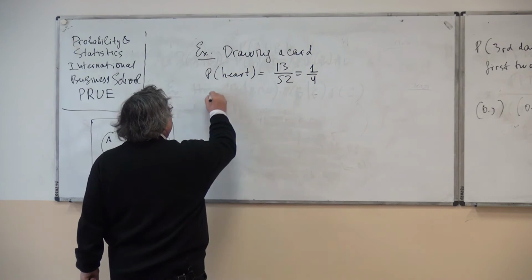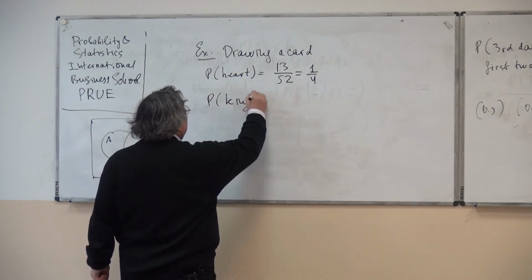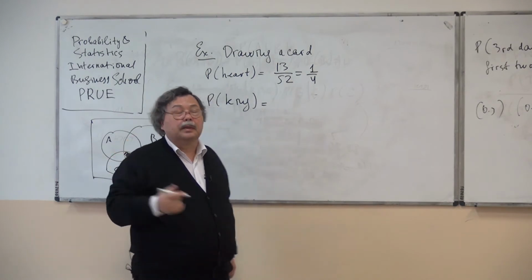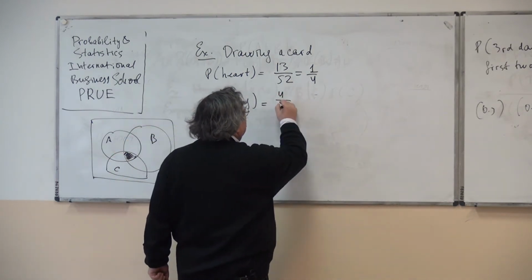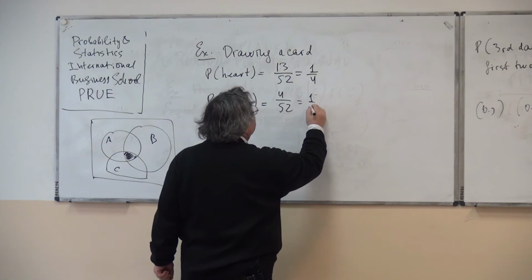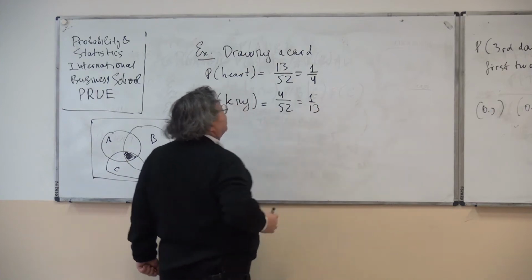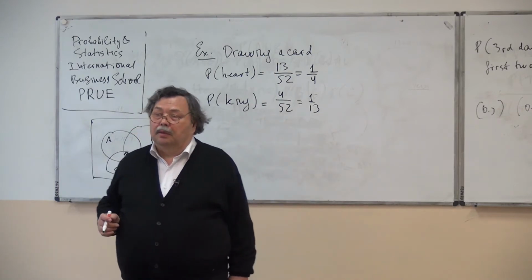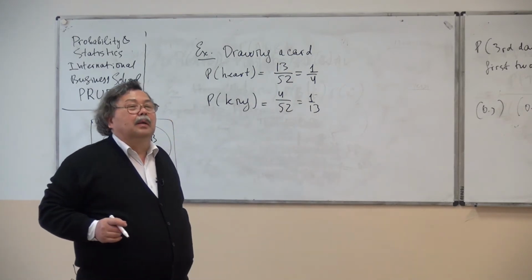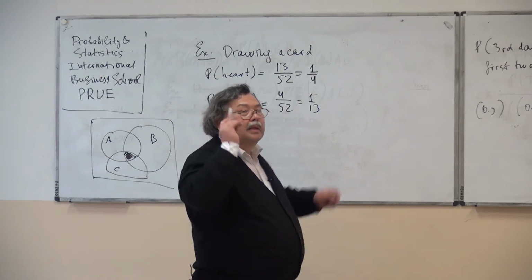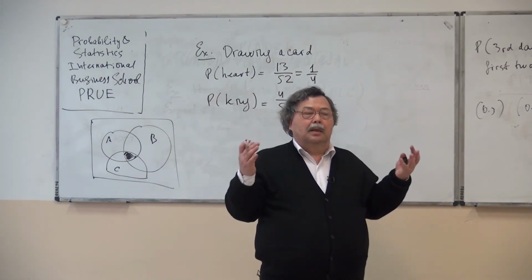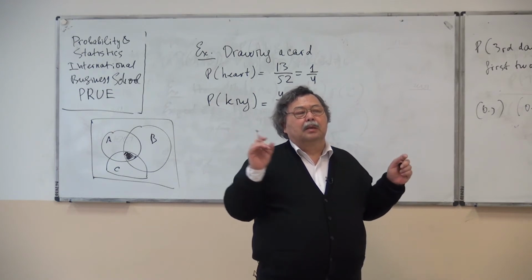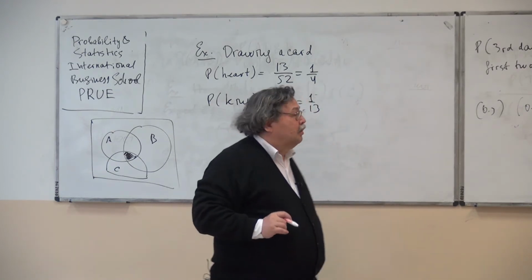And what's the probability of getting a king? How many kings are there in the deck? 4, okay? So 4 divided by 52, and the answer is 1/13. Question, are these 2 events independent or not? Well, it's natural to expect that they are independent because we have this very symmetric situation, 4 suits, equal number of cards in each, and so on.